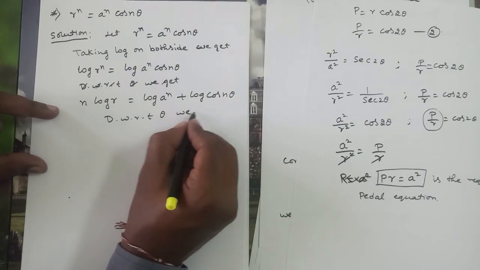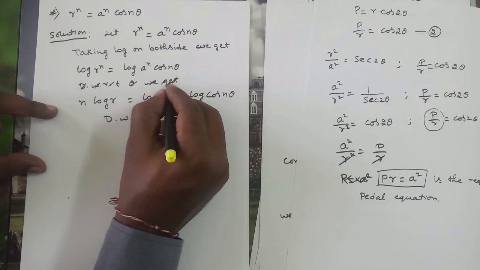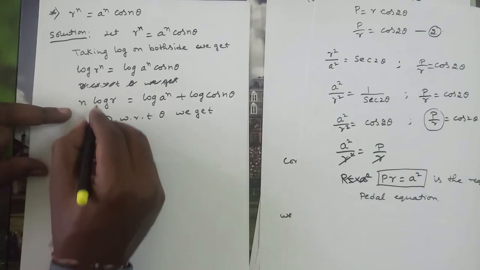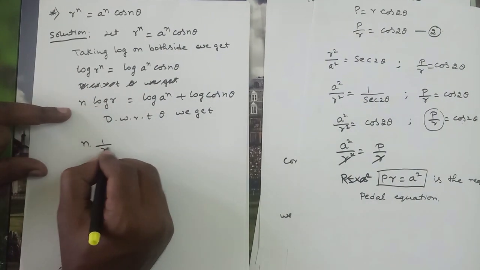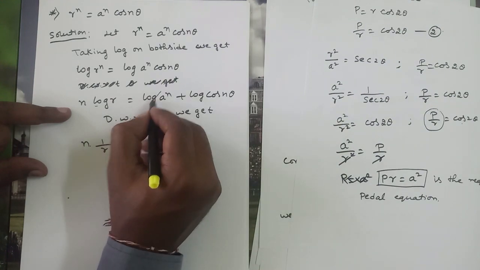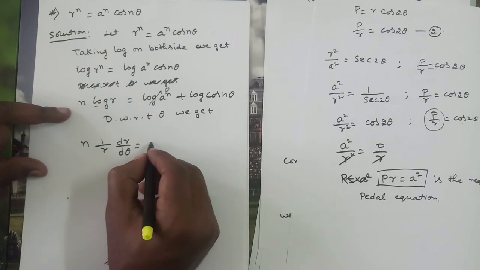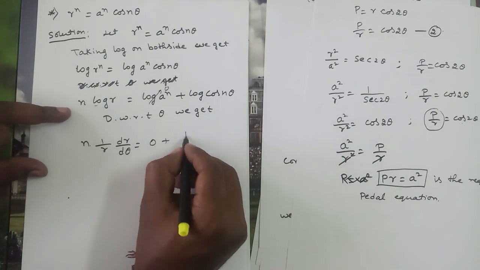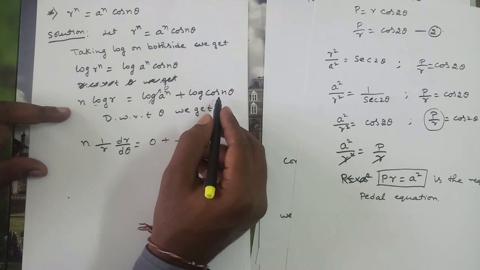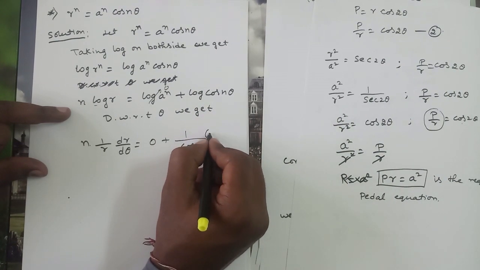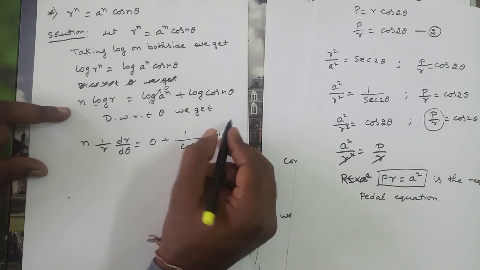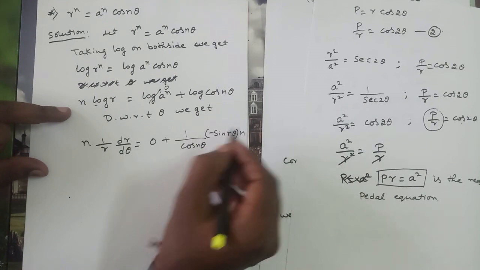So what do you get? N into, if you differentiate this one, 1 by R into dr by d theta equals, this is constant, so this term becomes 0, plus here if you differentiate this one, 1 over cos n theta. If you differentiate cos n theta, you will get minus sin n theta into n.